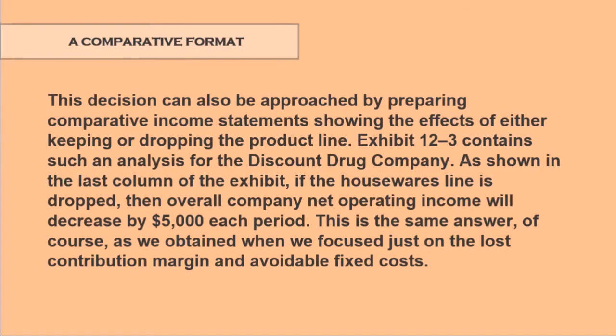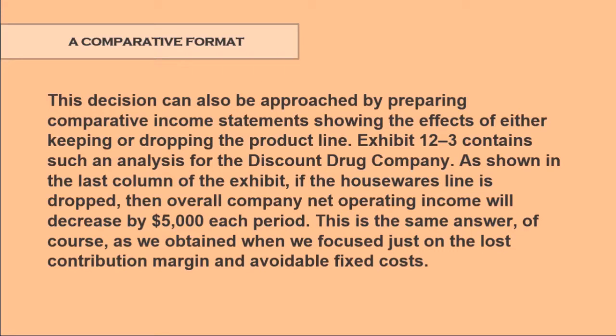A comparative format. This decision can also be approached by preparing comparative income statements showing the effect of either keeping or dropping the product line. Exhibit 12-3 contains such an analysis for Discount Drug Company.